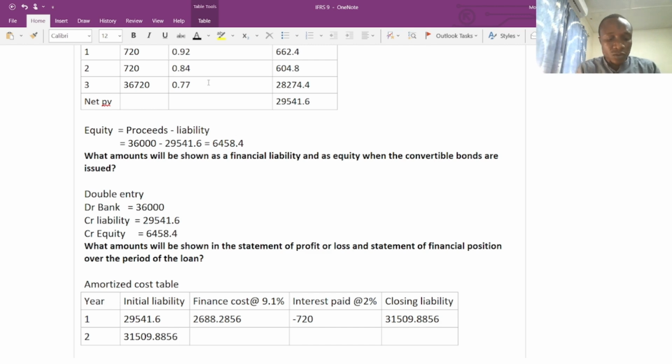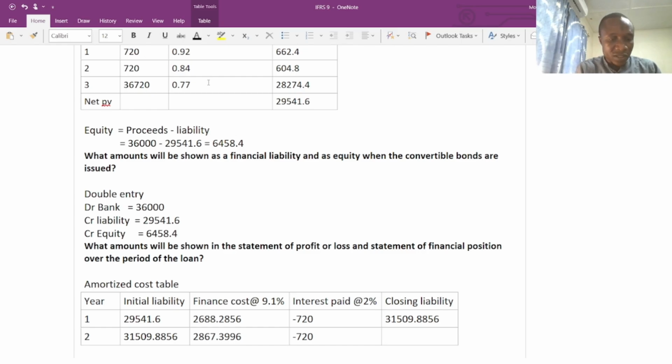Year two, 31,509.8856 multiplied by 0.091, 9.1%, will give us 2,867.3995 minus 720.